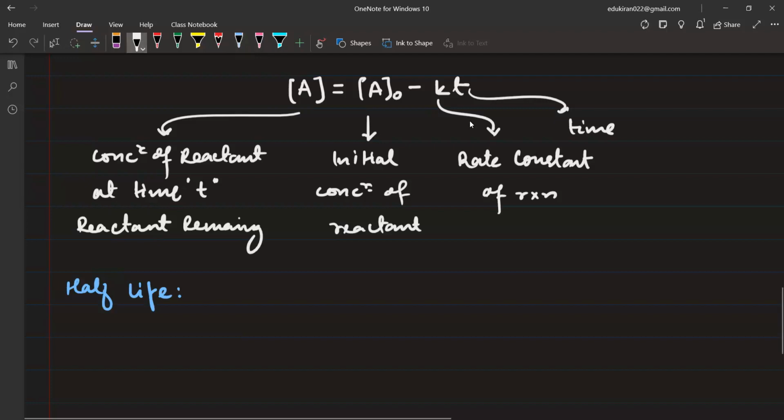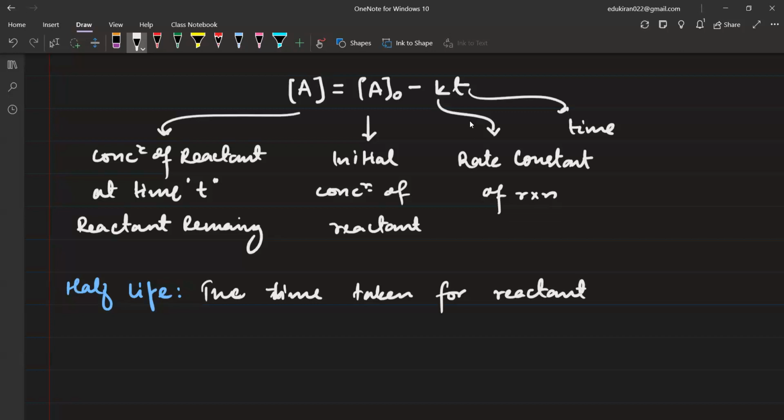What is half-life? Please write. The time taken for 50% completion, or you can write, the time taken for reactant to reach 50% of initial concentration.